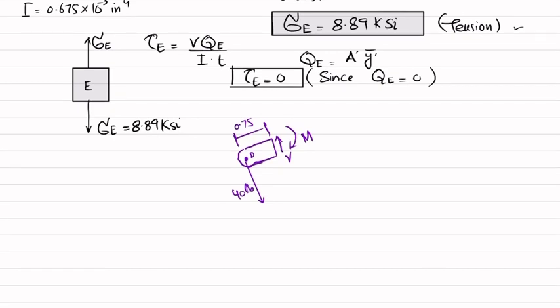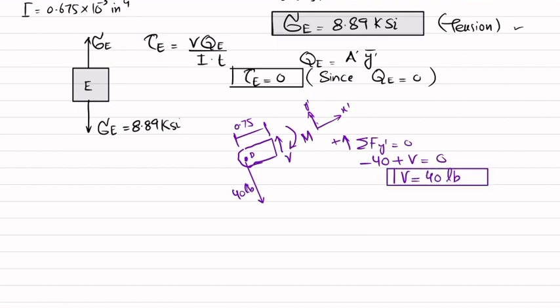So we'll find this moment. Sum of all moments about, let this be your Y dash, and this is your X dash. So the sum of all forces in the Y dash direction must be equal to 0, and force in this direction is taken as positive. So minus 40 plus V is equal to 0. So V is equal to 40 pound. And for the moment, sum of all moments about, let this be point 2. So the moment about point 2 is equal to 0, taking the counterclockwise moment as positive.